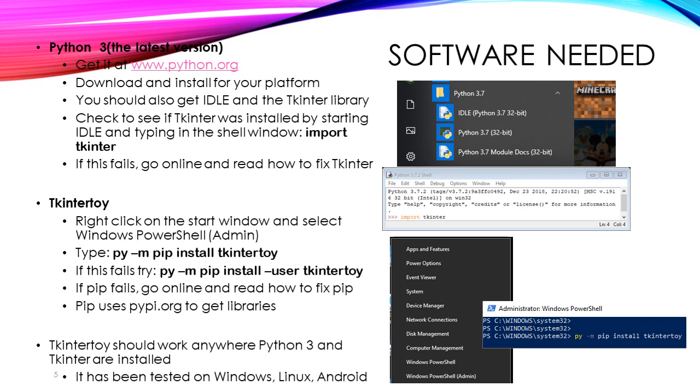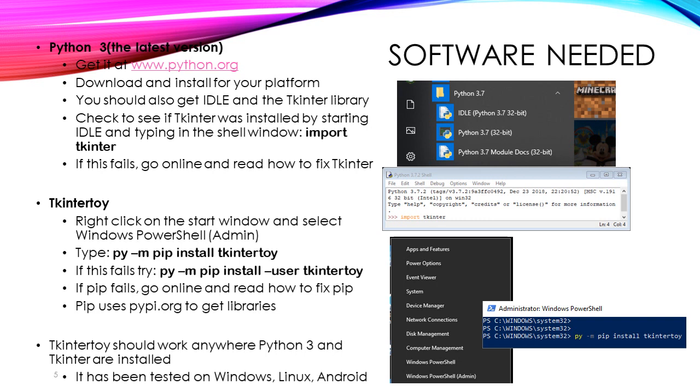So now you have to download and install a library that I wrote called tkintertoy. For Windows people, you have to right-click on the Start window and select Windows PowerShell Admin. For you other platforms, just get to the command line.